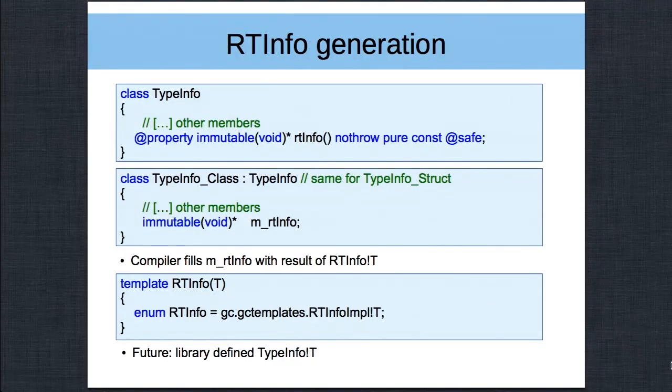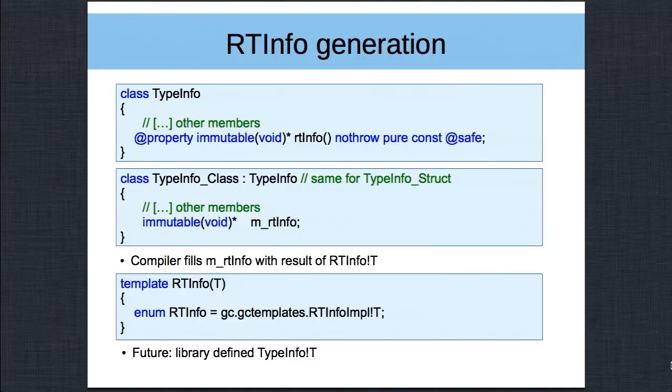So how is it generated at compile time? We have the type info here that has a property that has been added about a year ago, and this virtual function RTinfo is supposed to return any information that's unknown to the compiler.